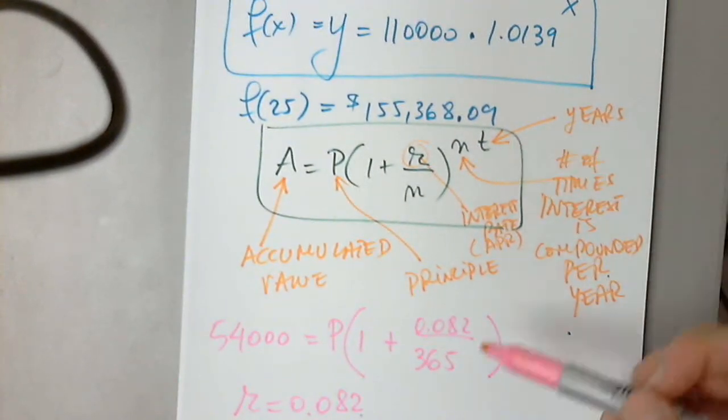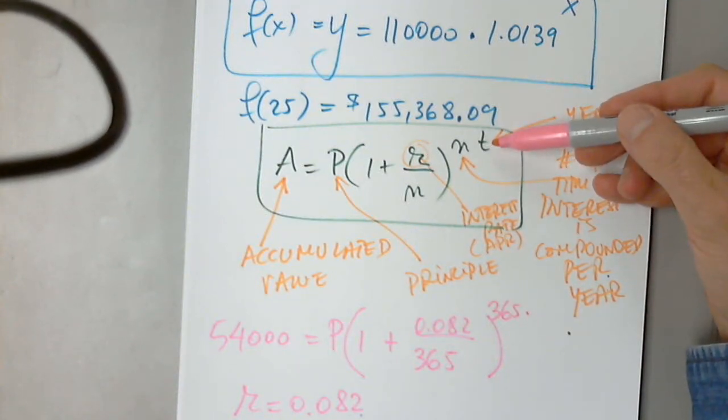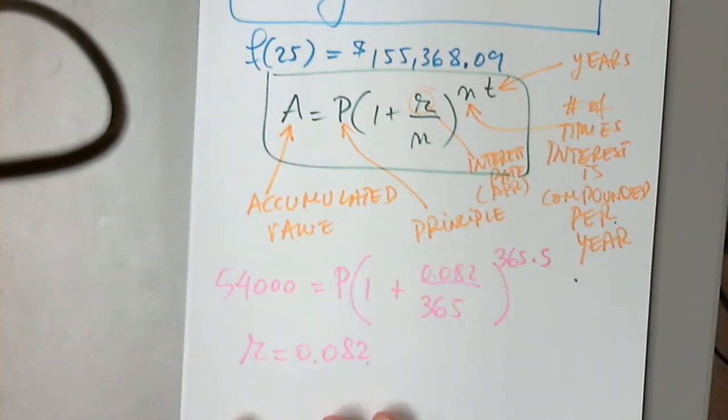So now N is 365, and now T is 5 years. So we identified in the formula each and every piece of information that was given. We realized that we don't know how much we deposit to get this amount 5 years from today. Is that clear now? Okay?